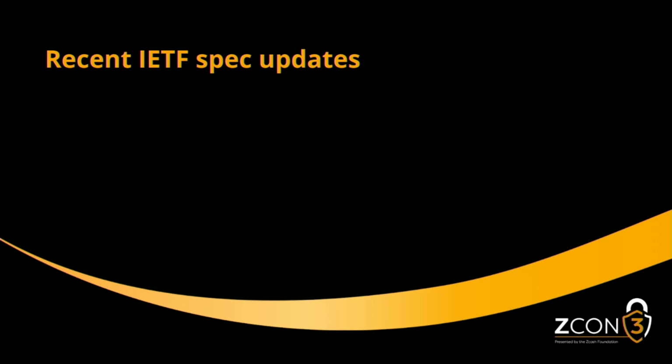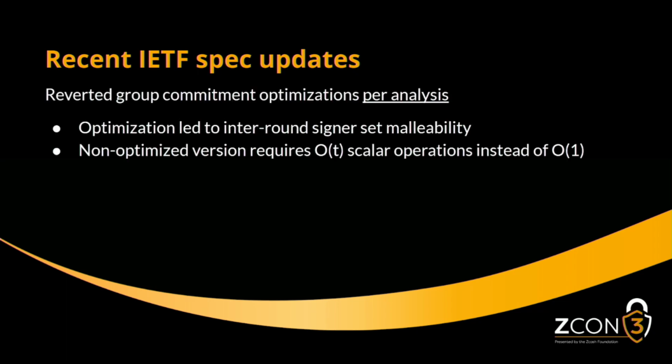As Chelsea and Liz mentioned, lots of work has been happening in FROST and thus reflected in the IETF spec over the last 6 months, basically. So this is the optimization in FROST 2 that was mentioned earlier. We had first gone with FROST 1, where every signer had to do an extra scalar multiplication. And then we had tried to do this optimization where there is a single scalar multiplication for all possible numbers of signers.